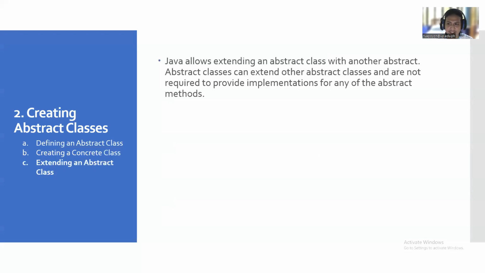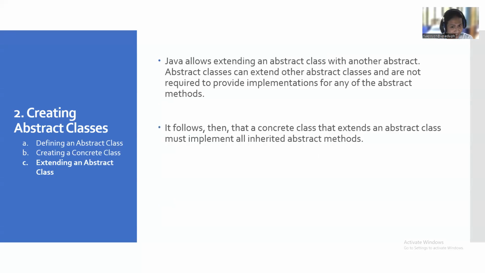Lastly, you're extending your abstract class. This allows extending an abstract class with another abstract class, as shown in the example. Abstract classes can extend another abstract class and are not required to provide implementations of any abstract methods, but they can. It follows then that the concrete class that extends an abstract class must implement all inherited abstract methods.